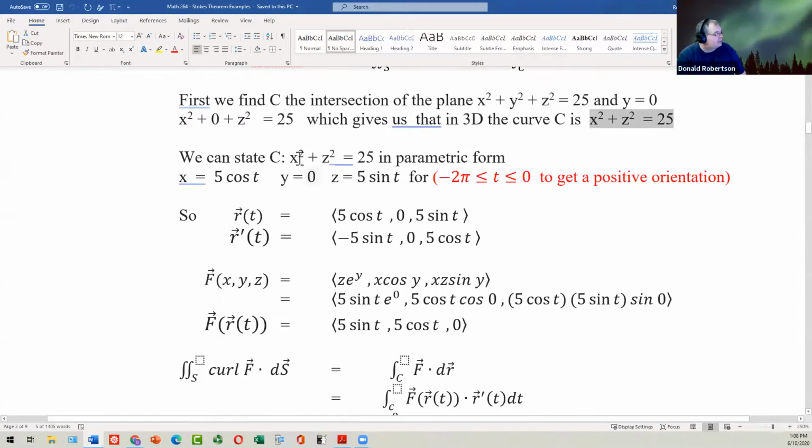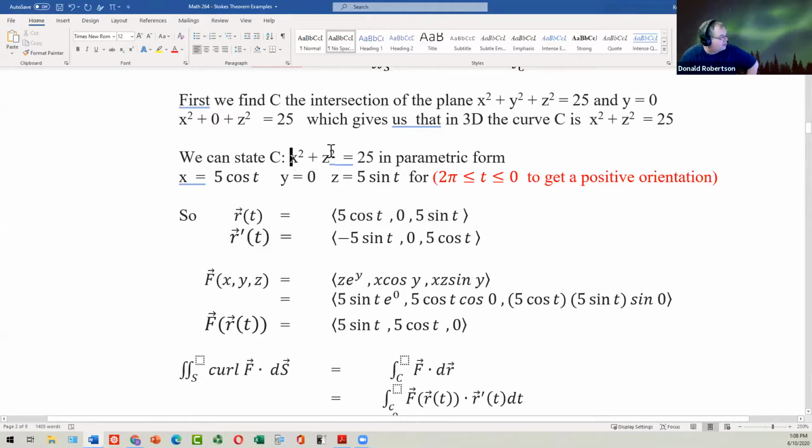So what I'm going to do is take the line integral using this fella here as my curve and convert it into parametric form. And here's our first little issue.